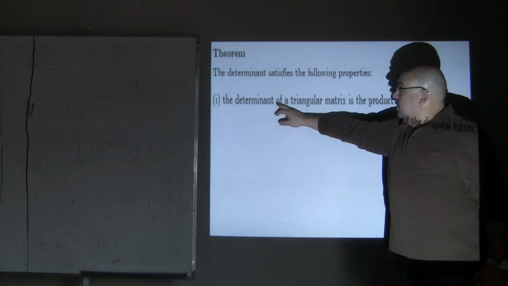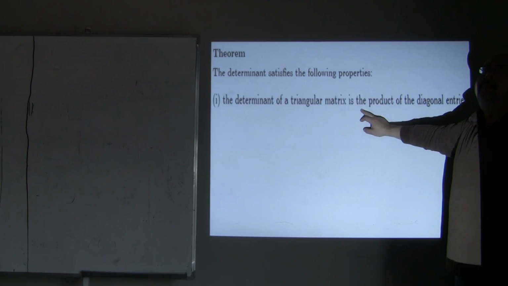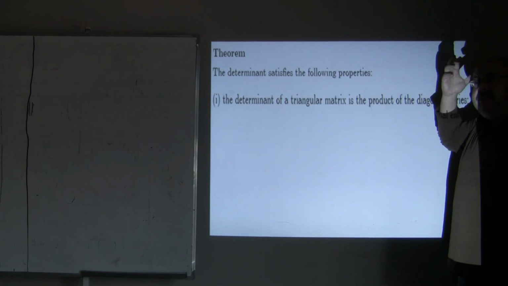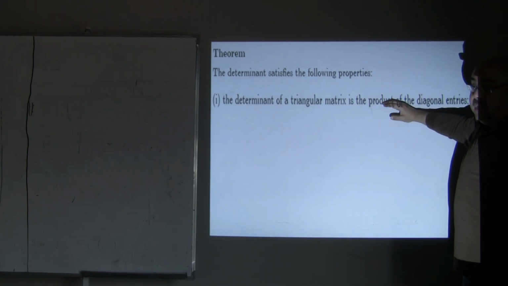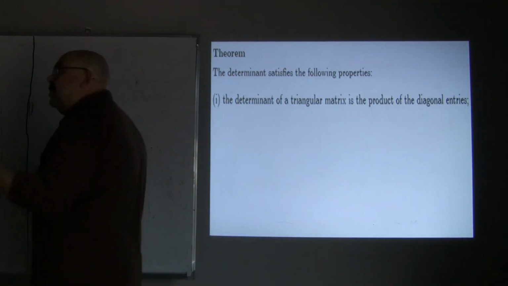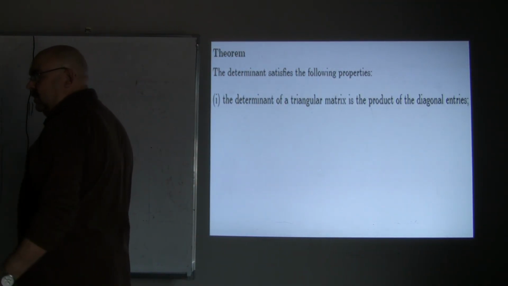Okay, what about the determinant of a triangular matrix? Do you remember what a triangular matrix is? It's a square matrix with all the nonzero elements in the upper triangle or the lower triangle. In this case, the determinant is going to be very simple. It's the multiplication of the elements on the principal diagonal.